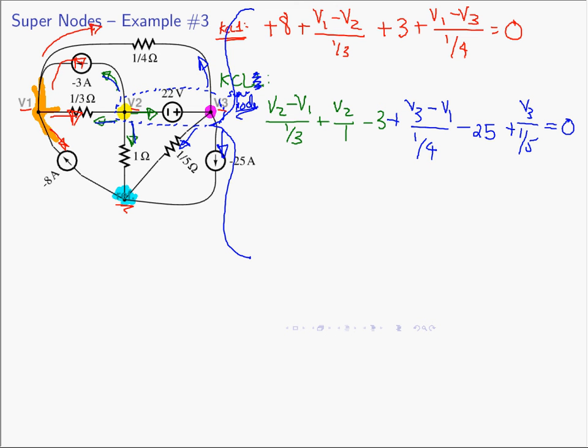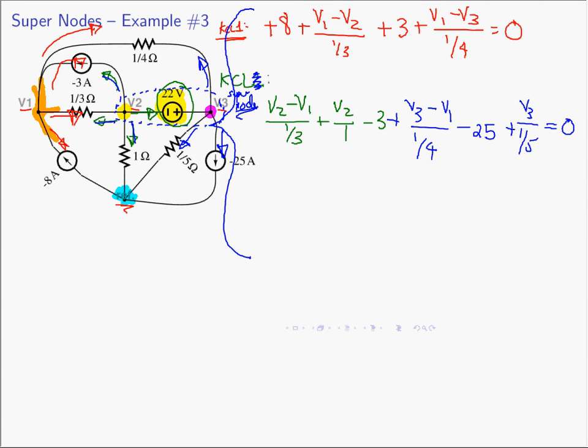And why do we have only 2 equations? Why did we lose an equation? Well, it's because of this voltage source. Since the voltage source caused us to lose an equation, we need to require the voltage source to give us a new equation to go in its place, an independent equation. What does it mean to be a 22 volt source?